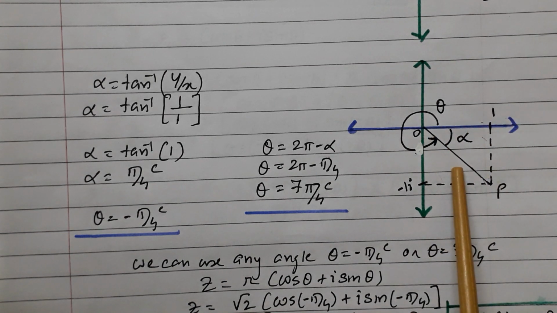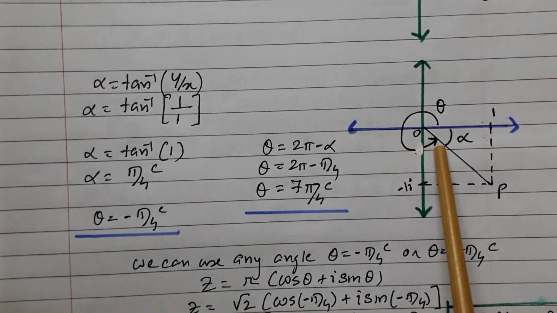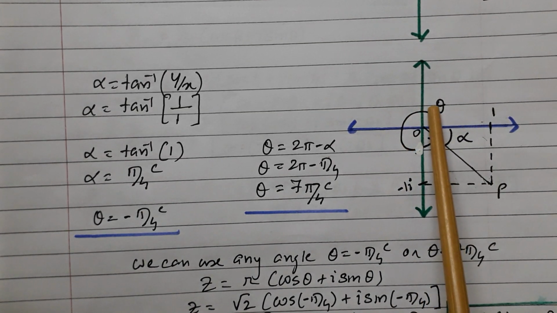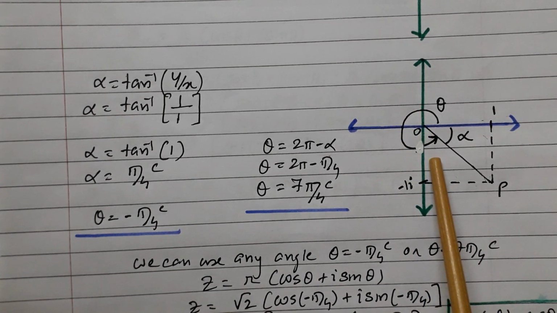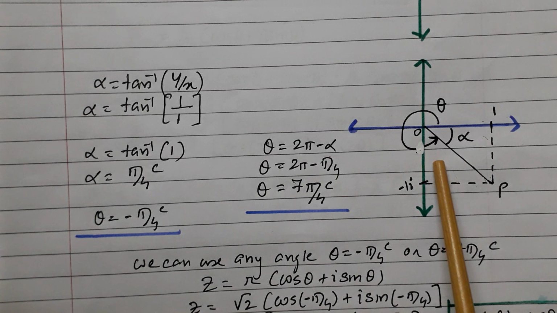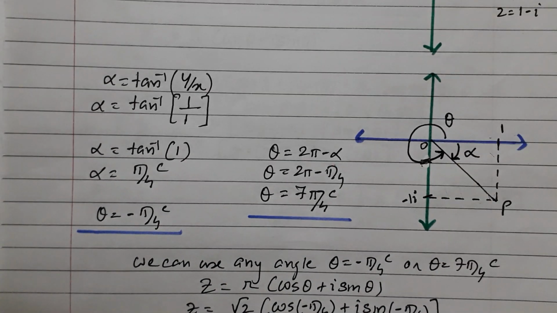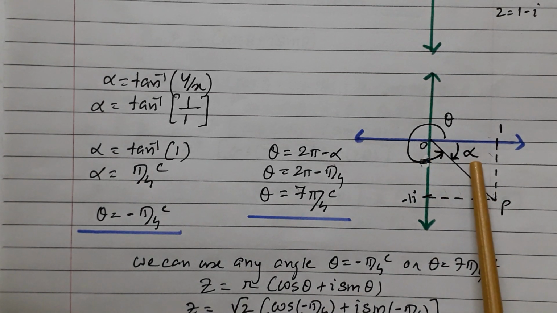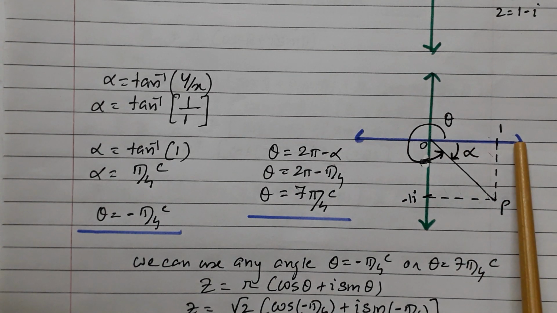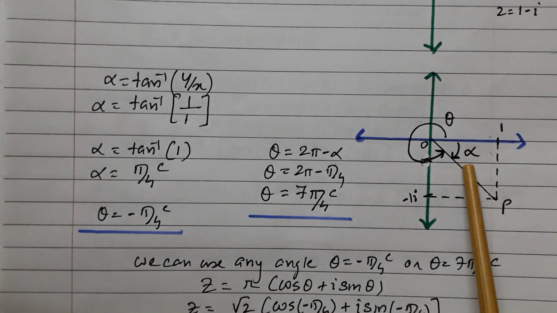OP is making an angle theta with the positive x-axis and theta is rotating along the anti-clockwise direction, so theta is positive. OP is also making an angle alpha with the positive x-axis, and here OP is rotating along the clockwise direction, so alpha will be negative.